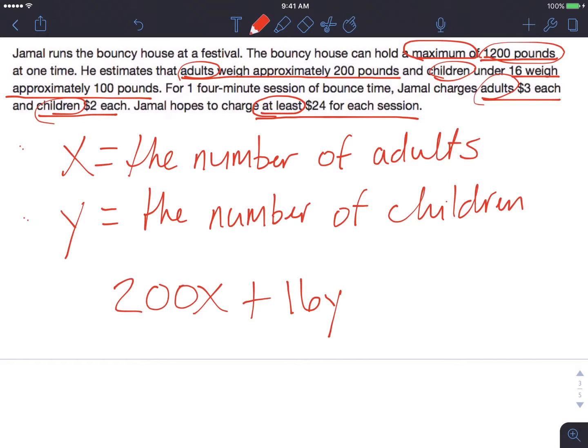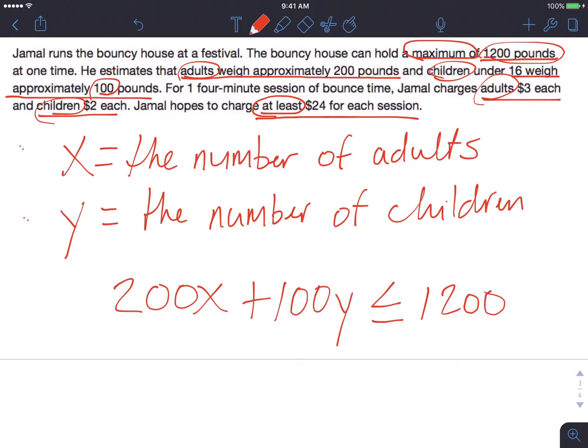Oops, I did that wrong, I'm sorry. It's not 16y, that's the age. It's 100 pounds, so 100y. And the maximum amount of weight is 1,200 pounds. So we know that's 1,200 over here. It can't go past 1,200 pounds, so it's going to be less than.